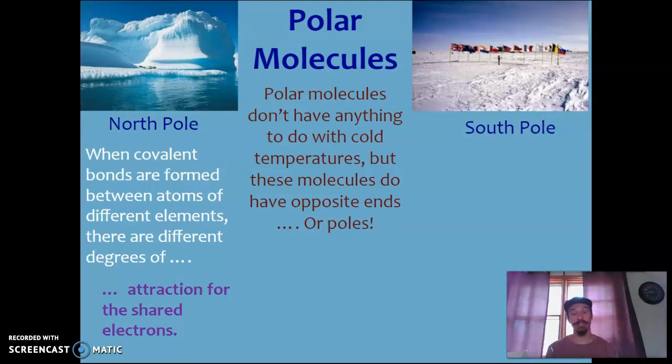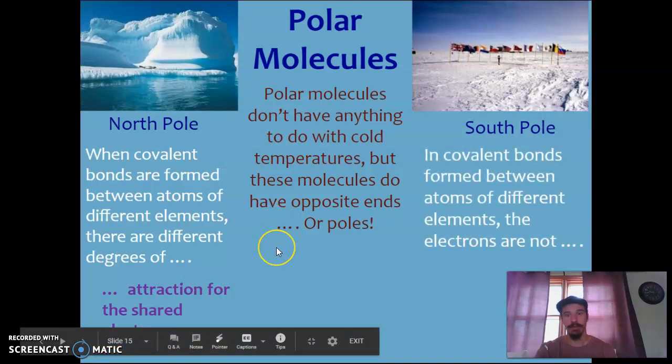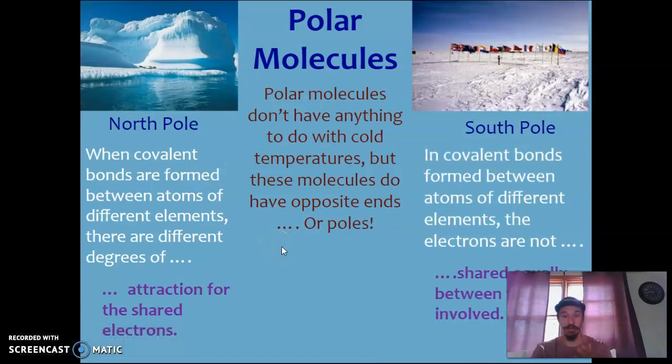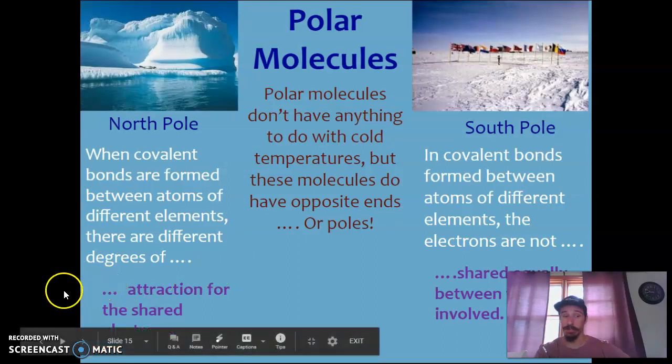Still shared, it's just an unequal sharing. And that is what I reiterate here to you. The unequal sharing of electrons is what creates a polar molecule, a positive end and a negative end to that molecule. We'll talk more next time about that, folks.